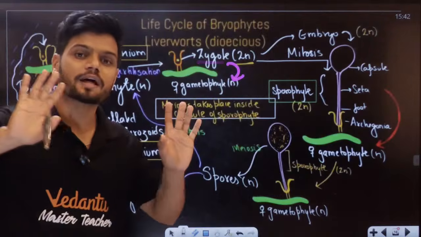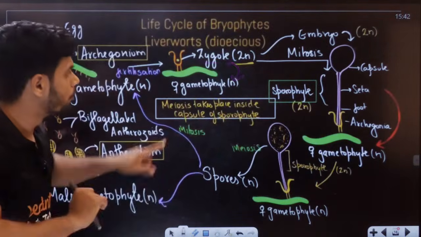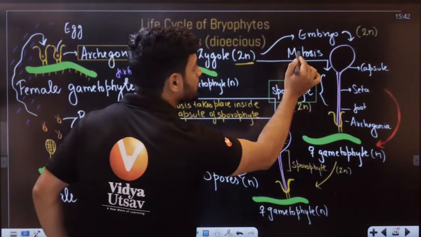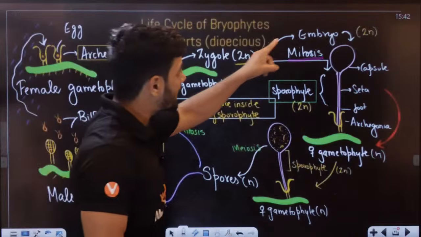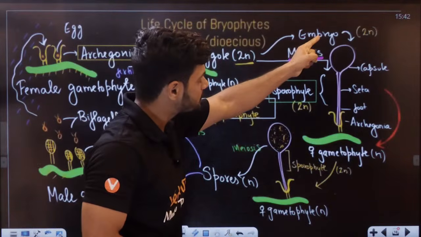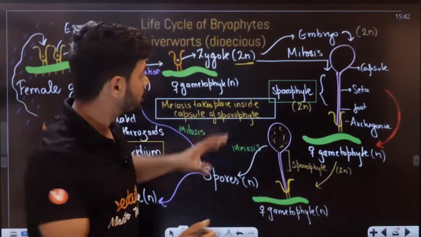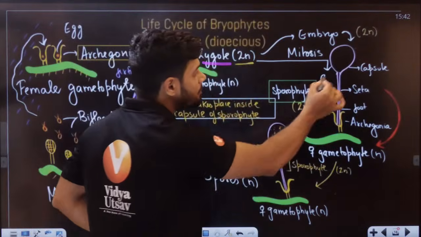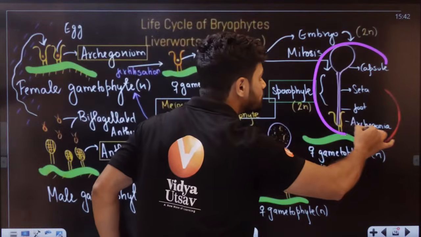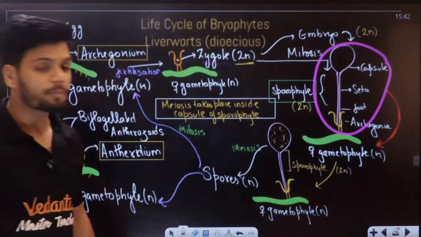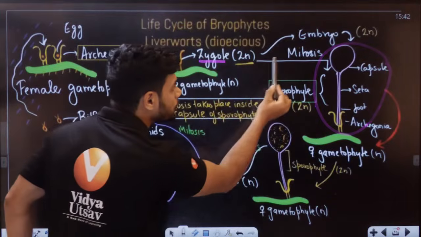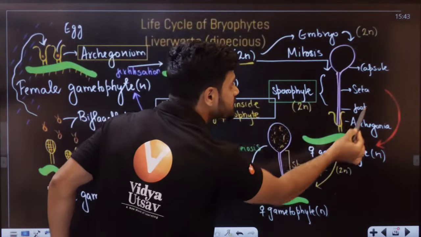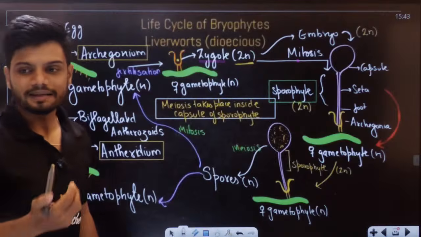Now this zygote undergoes mitosis. It also forms embryo. With the help of mitosis, this particular zygote will develop into the sporophyte. So zygote is undergoing mitosis to give the entire sporophyte. So sporophyte बन गया हमारा.